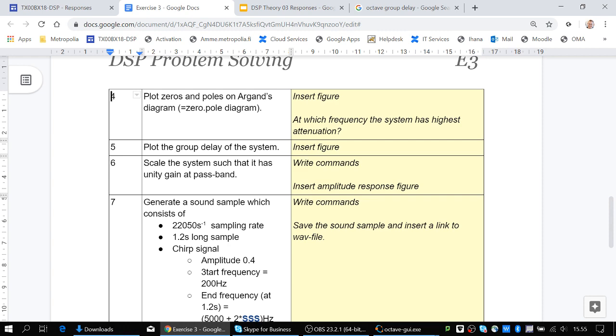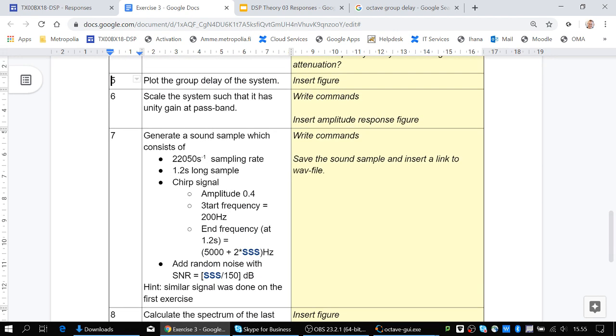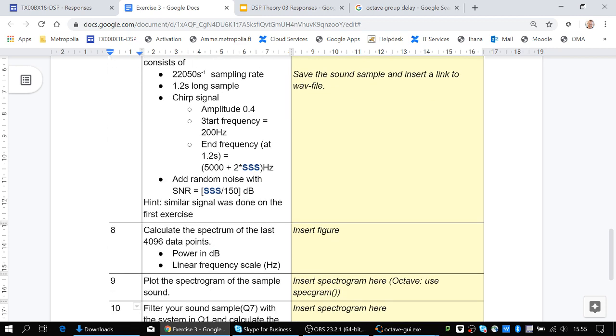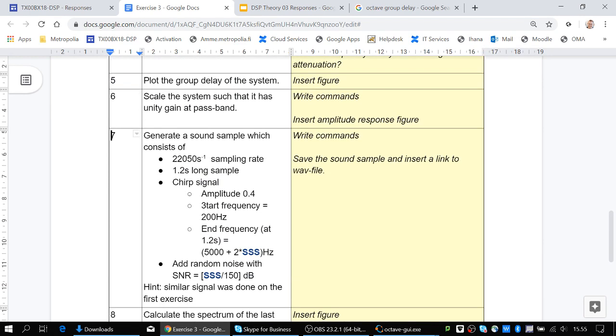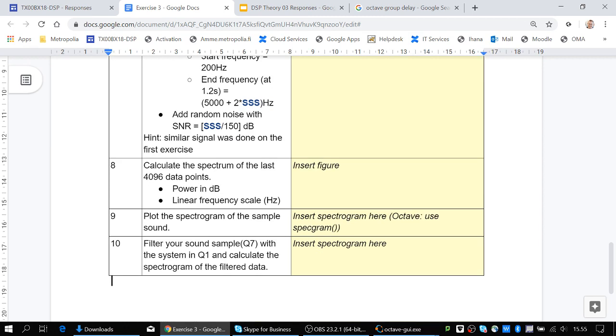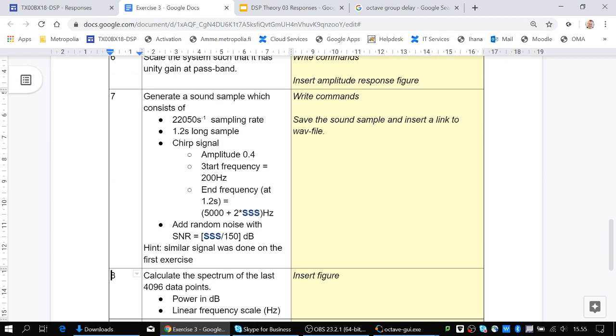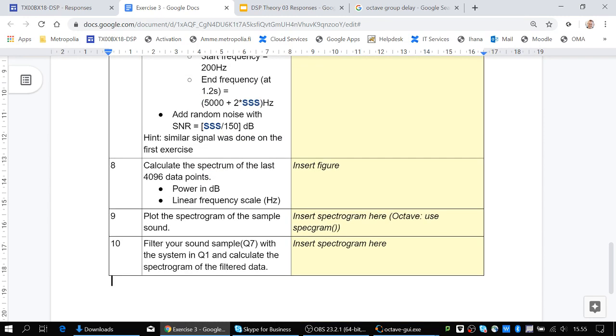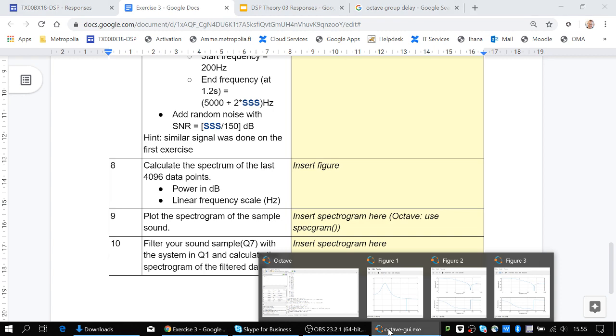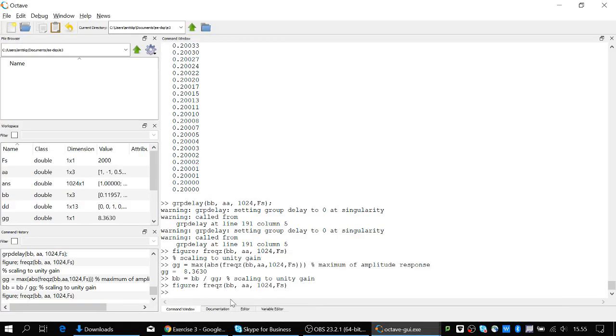Next, let's generate some simple sound sample and try the filter. You can actually do this one yourself, but I will do something else instead.